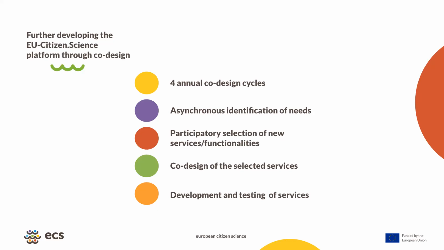In these workshops, we present a beta version of the services under development so that participants can provide their feedback on the current state of the services. They can express what changes they would make, their needs, and their user experience when interacting with the services.